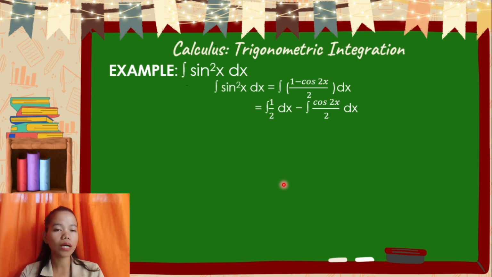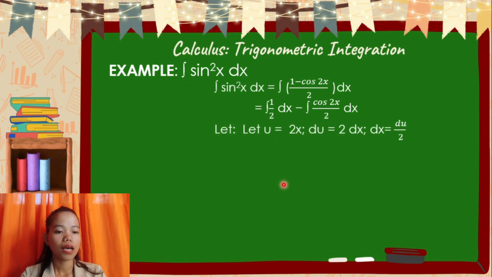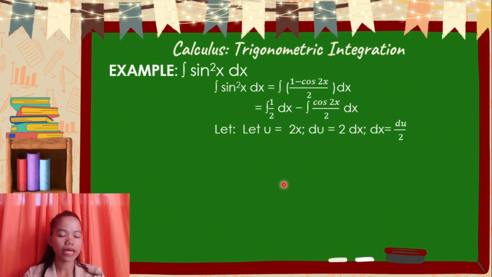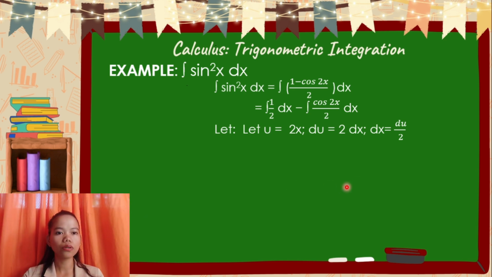After that, we apply the u substitution again. For this one, we are going to apply the u substitution for the function cosine 2x all over 2 dx, in which we let u be equal to 2x and du be equal to 2 dx. That's why we have dx equals du over 2.